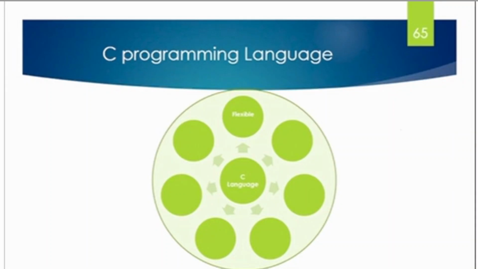Okay, so now the next point is C is a very powerful language, and it has a very large collection of data types and operators. Now these data types and operators will help us to write very complex programs within very few lines of code. Now the third point is the standard library.